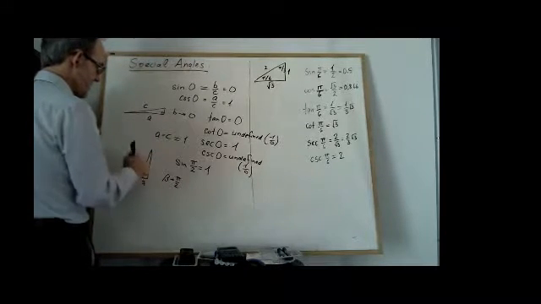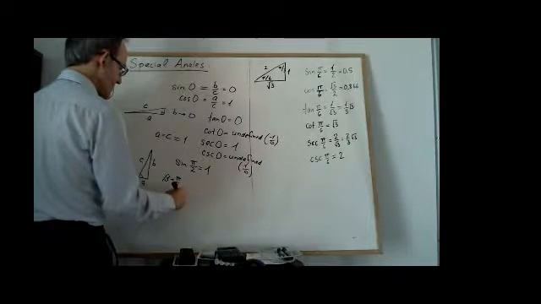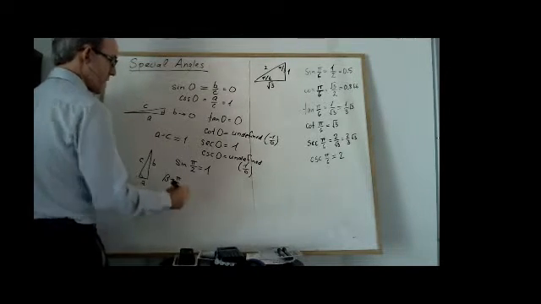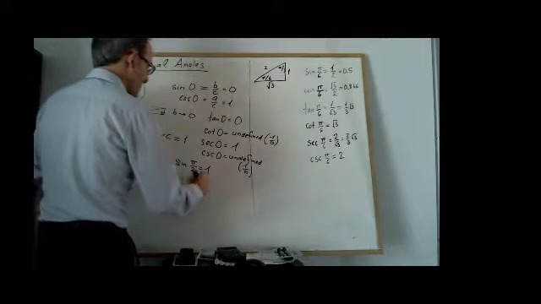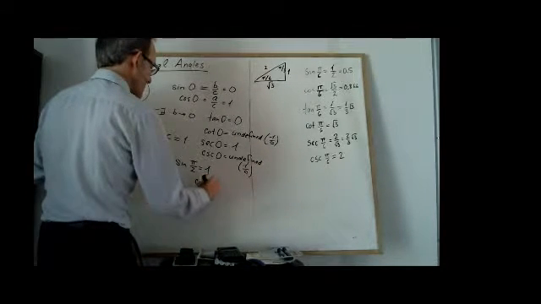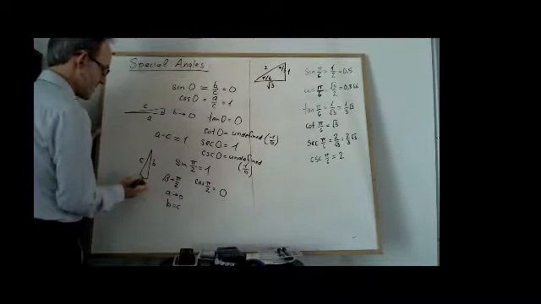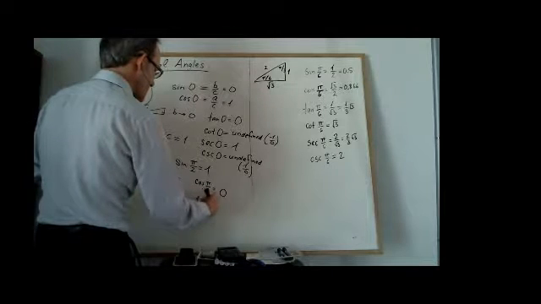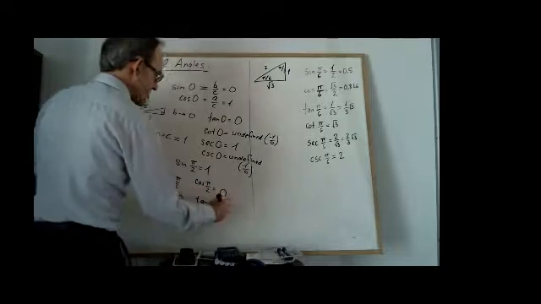Let's write this in terms of c and b. So here a goes to 0, and b and c are the same. So the sine of pi over 2 is 1. The cosine of pi over 2 is 0. The adjacent is going to go to 0. And the tangent of pi over 2 is going to be 1 over 0, which is again undefined.